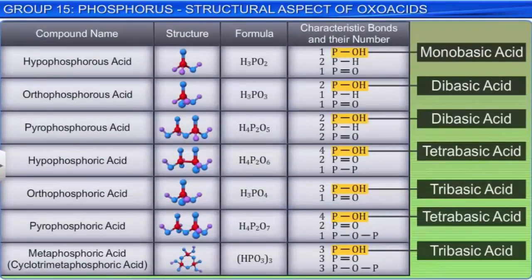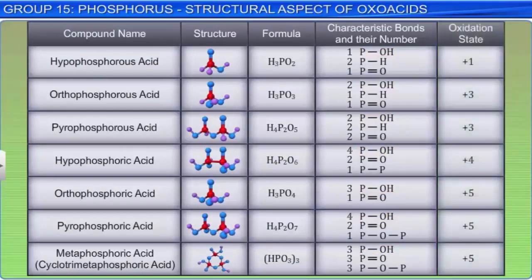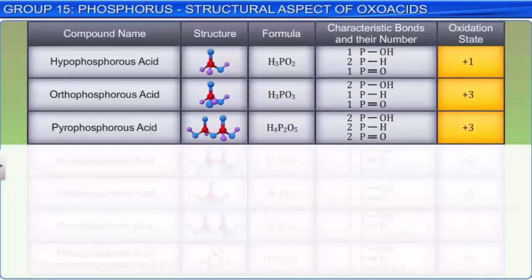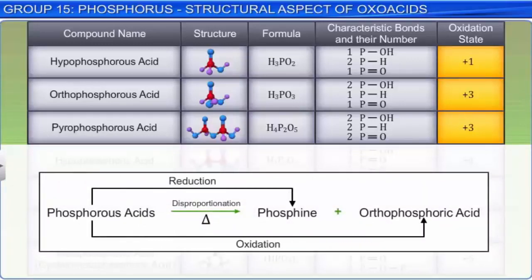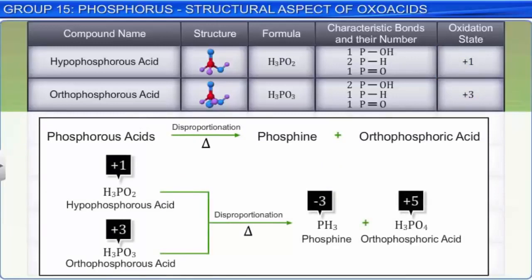The oxo acids with phosphorus in the lower oxidation states +1 and +3 tend to disproportionate to higher and lower oxidation states. The lower oxo acids disproportionate because some of the phosphorus atoms attain the relatively stable +5 oxidation state.